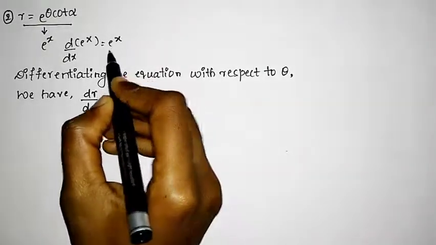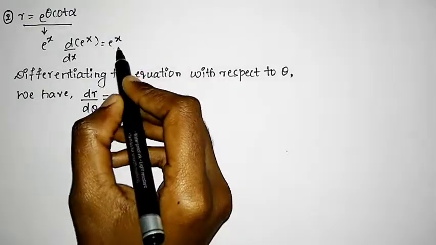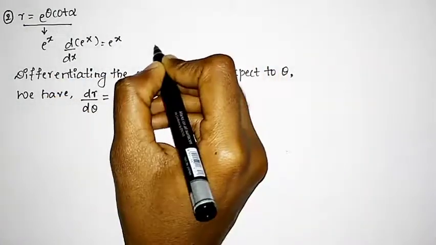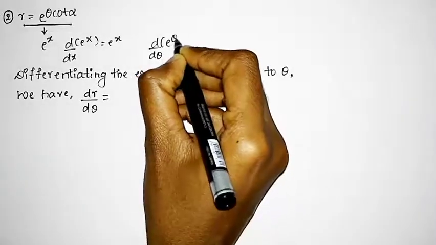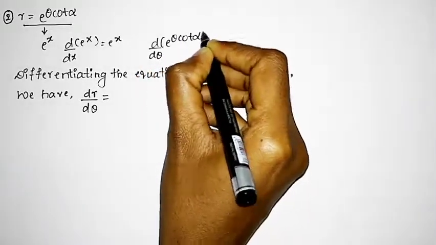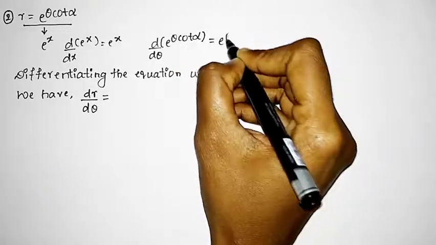As we have discussed, the differentiation of e to the power x is e to the power x itself. So the differentiation of e raised to theta into cot alpha is nothing but e to the power theta into cot alpha.